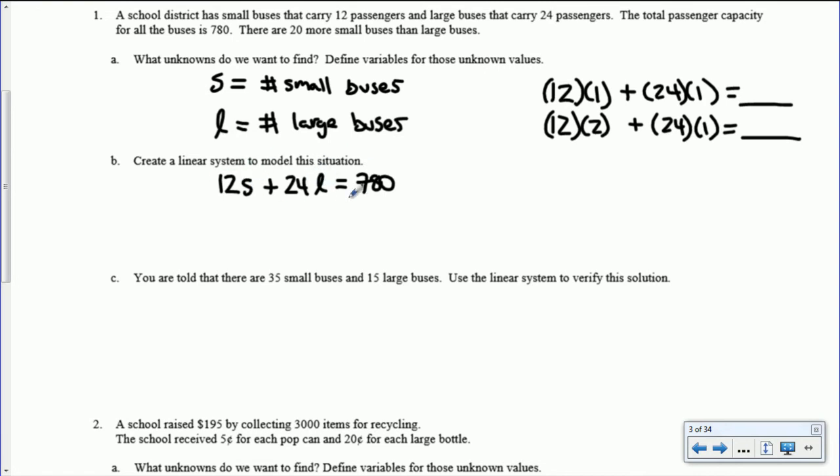With this equation on its own, we won't be able to find how many small and how many large. We can come up with a few possibilities, but nothing will really pin this solution down unless we have more information. And you'll see why in probably a lesson or two.